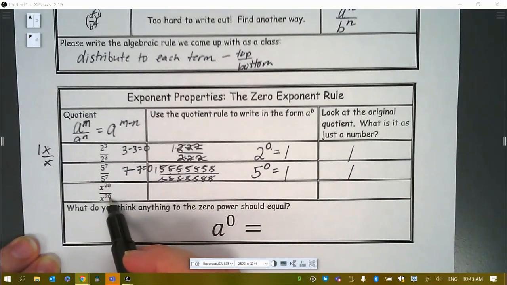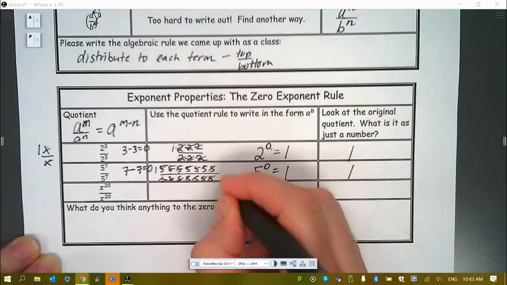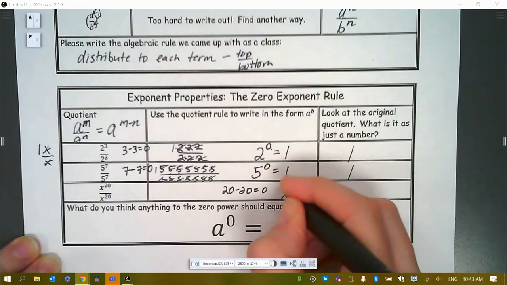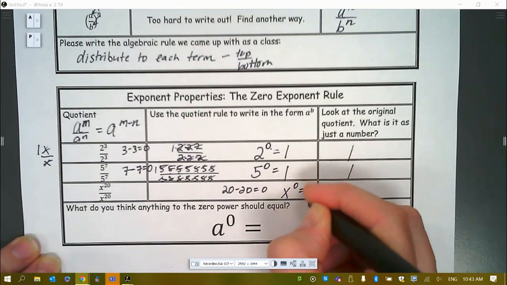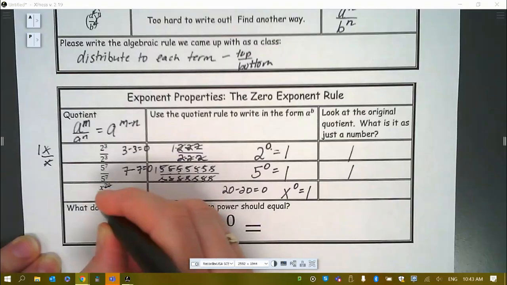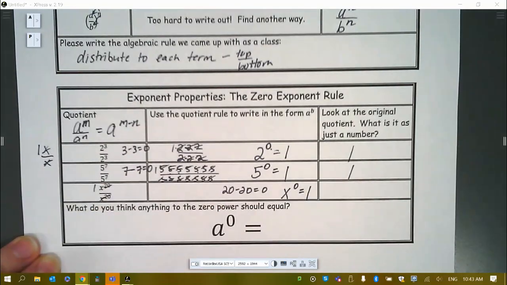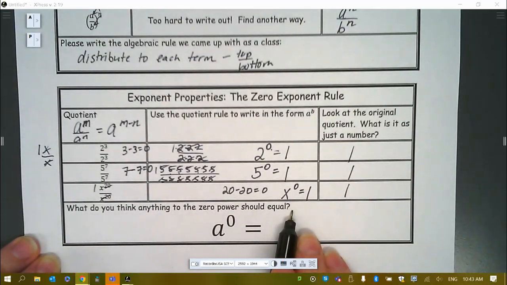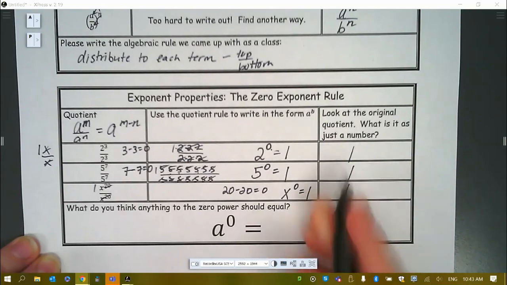So 20 minus 20, right, again, I'm not going to write it out, but 20 minus 20 is going to give you 0. So x to the 0 power, the answer is going to be 1, because when you cancel all those 20 and all those 20, you're going to be left with a single 1 left in front. So anything to the 0 power should equal 1.